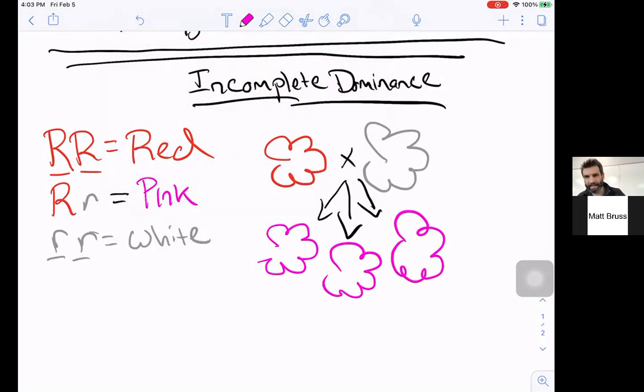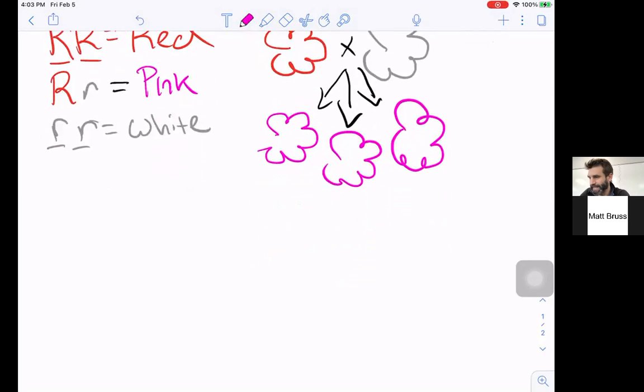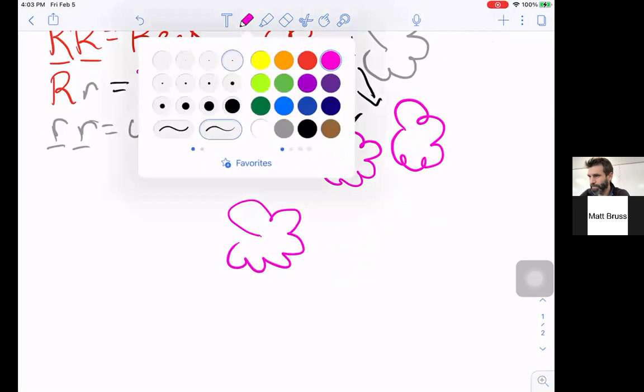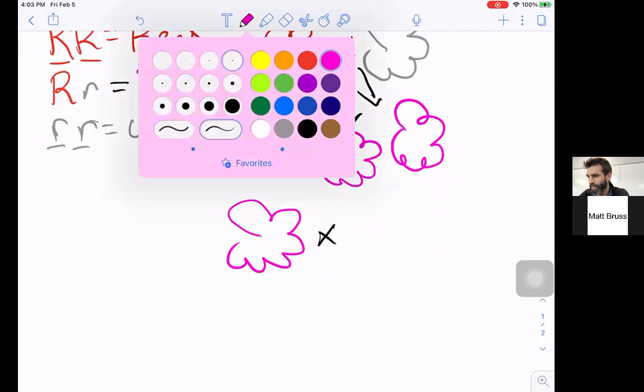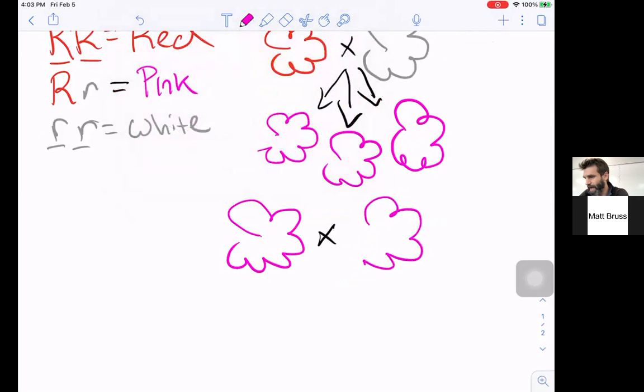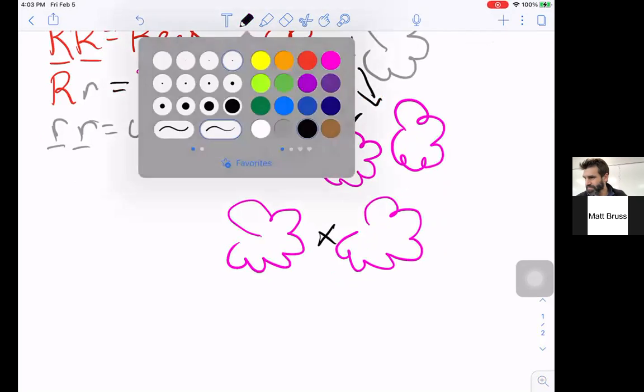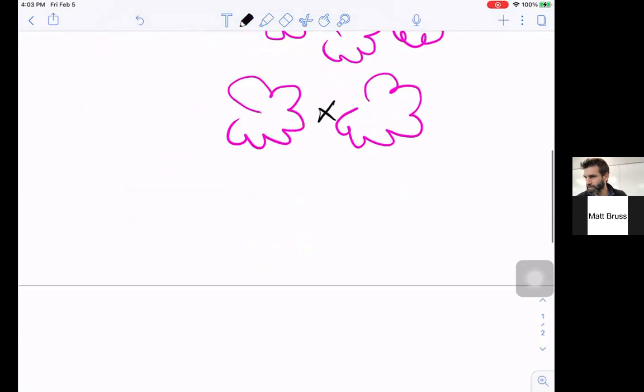And we thought, oh, that seems pretty obvious, right? And then the early geneticists crossed, cross-pollinated a pink flower with another pink flower. And they sort of expected, yeah, this will be easy. All the seeds for this are going to produce pink flowers, right?